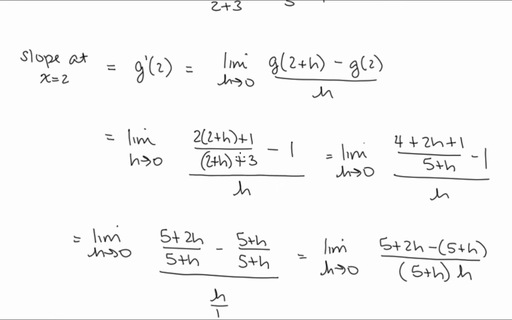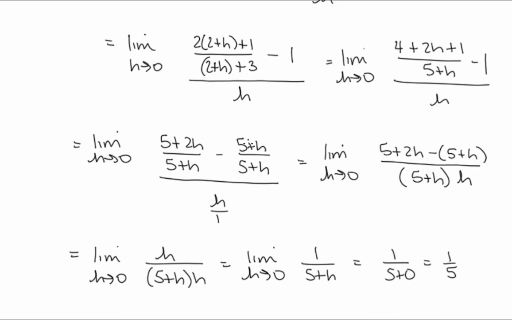So simplifying our first fraction here, we have 4 plus 2h plus 1 over 5 plus h. And continuing to simplify, that's 5 plus 2h over 5 plus h. Now, in order to simplify this entire numerator, we're going to make a common denominator and write this 1 as 5 plus h over 5 plus h so that we can combine it with this fraction.